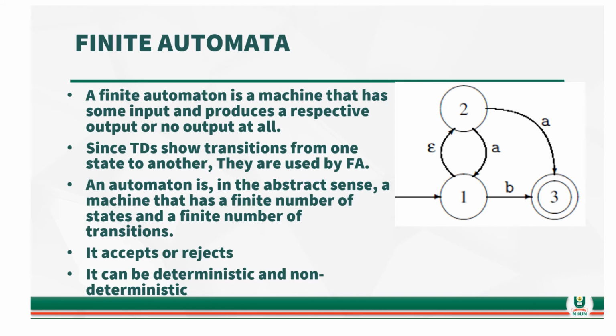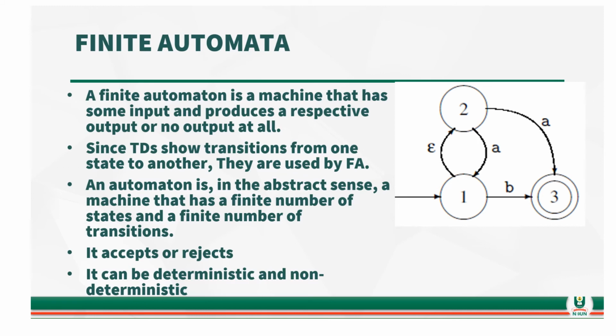An automaton, in an abstract sense, is a machine that has a finite number of states and a finite number of transitions. So you see, transitions use states, and the states and the transitions combined together give us an automaton.